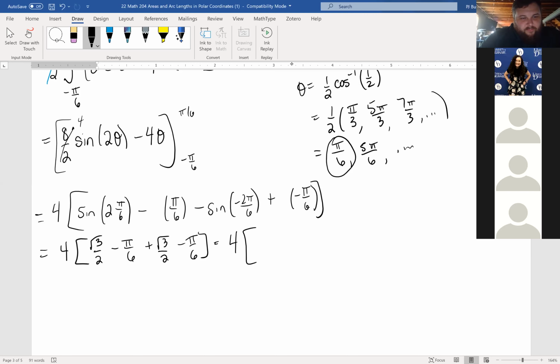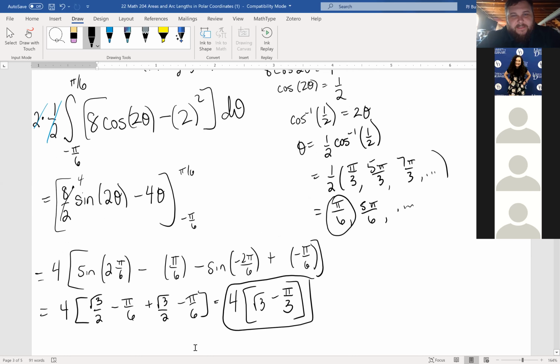So 2 times root 3 over 2, that's just root 3. And this would be negative 2 pi over 6 or pi over 3. Right? And nothing you can do with that. So that's as pretty as it's going to get. But again, the calculations are not hard here. It's the setup that's difficult.